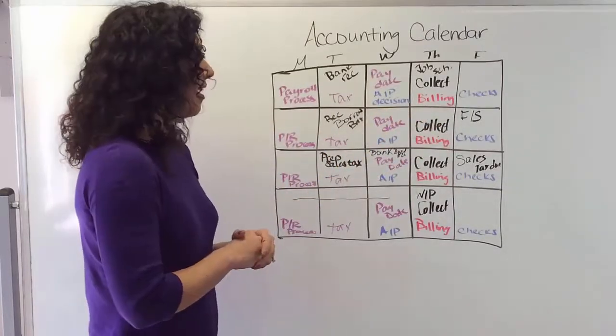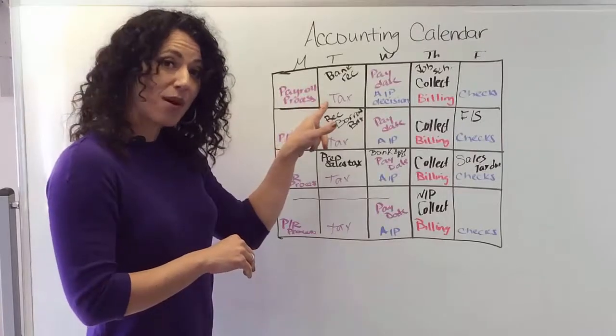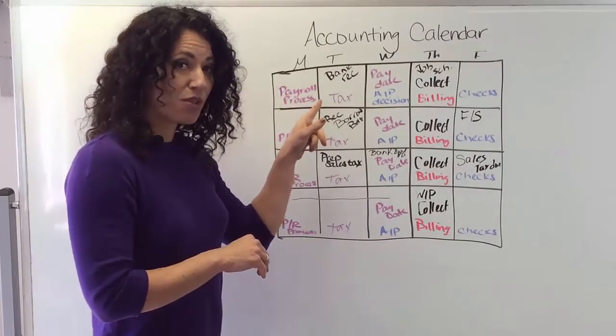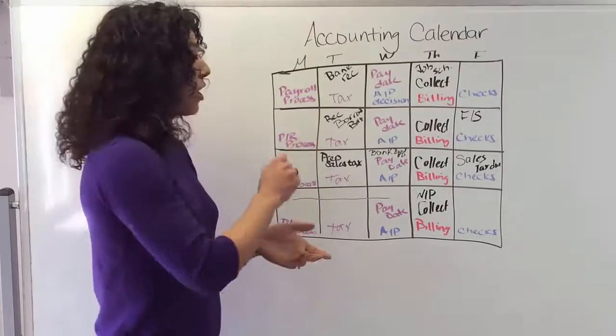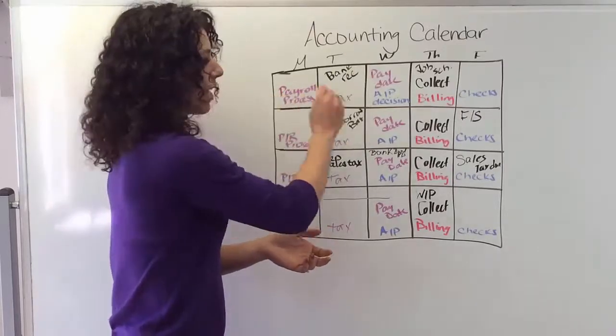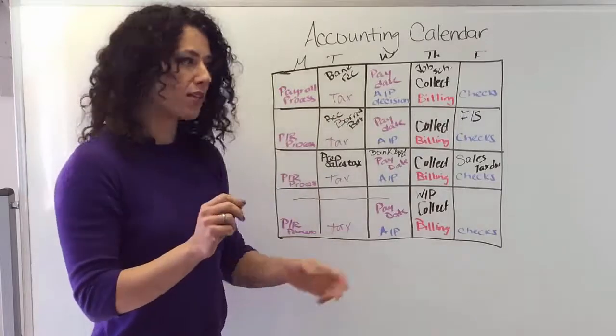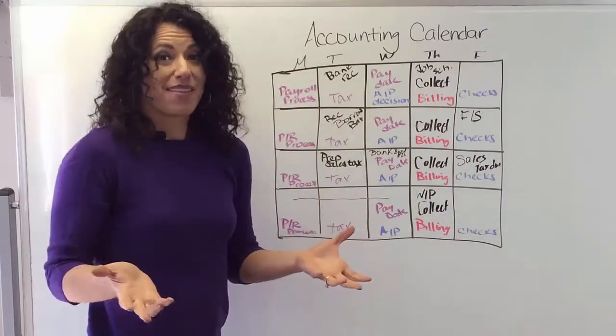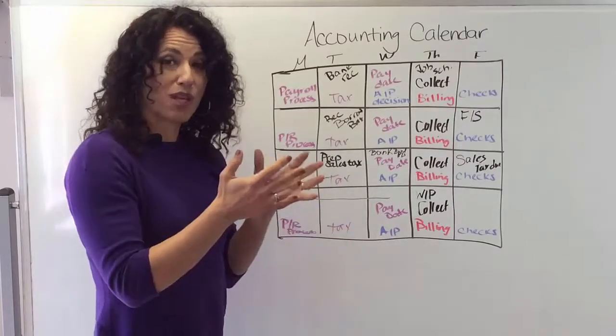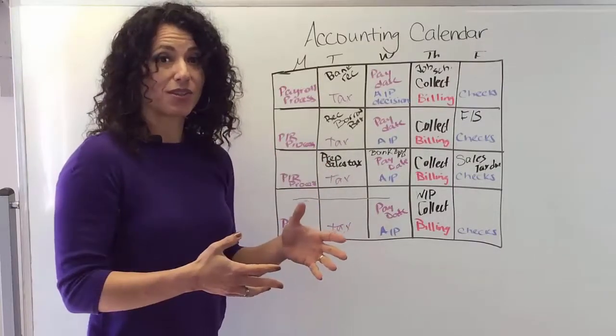We also have other things like the bank rec. We want to get that done before we issue financial statements. We want to do the borrowing base. We want to do other reconciliations. So I just go through my calendar and I just write, when am I going to get all these things done so that I can hit my financial statement date? I do this every month. We create a calendar every month, and we try to operate off of that calendar.